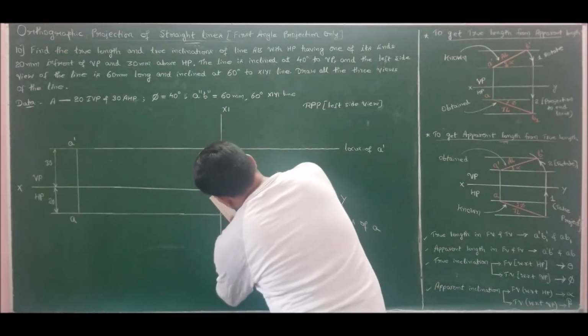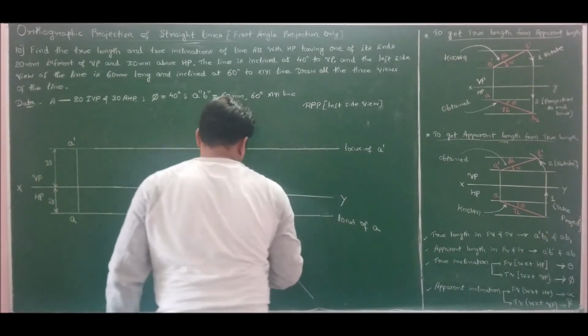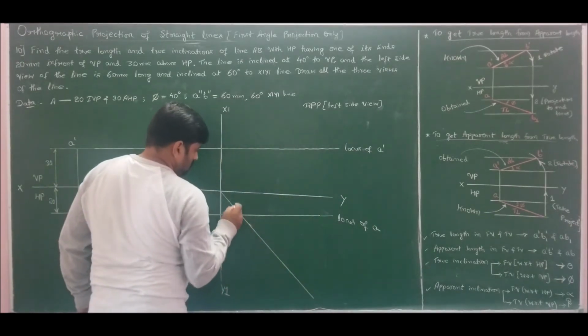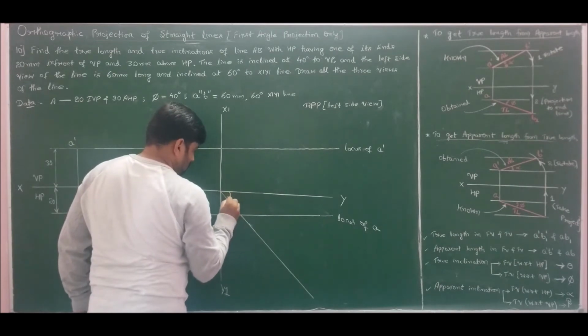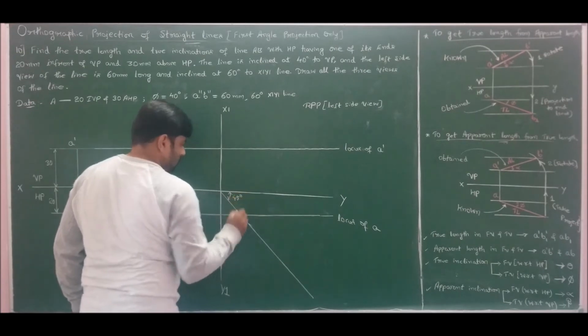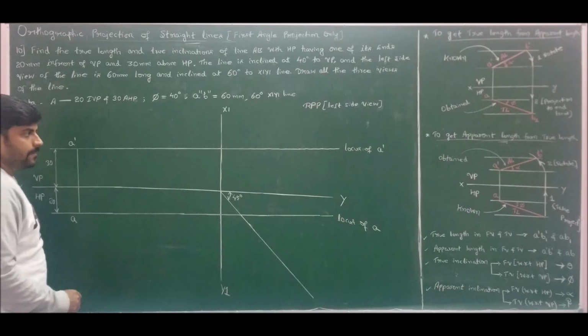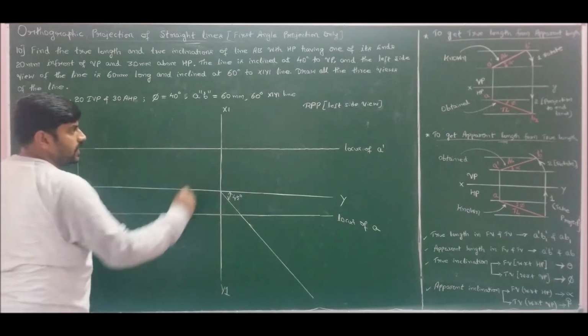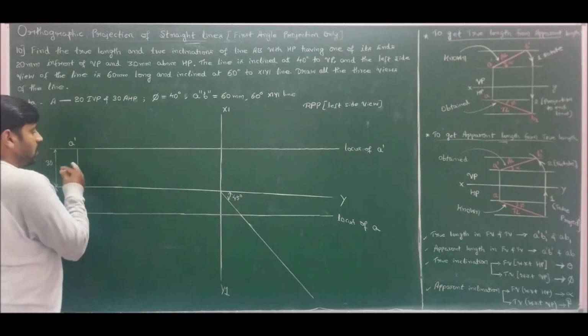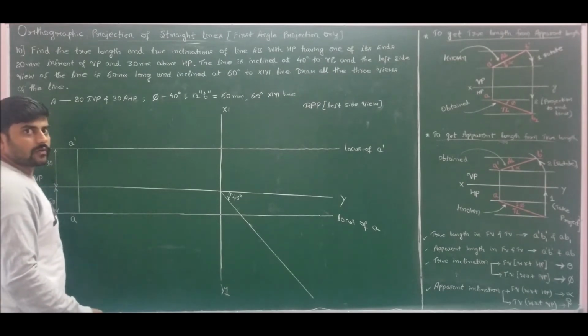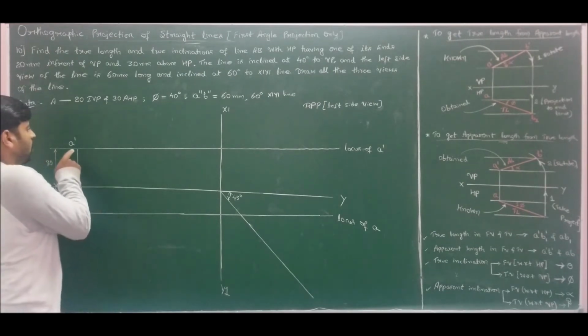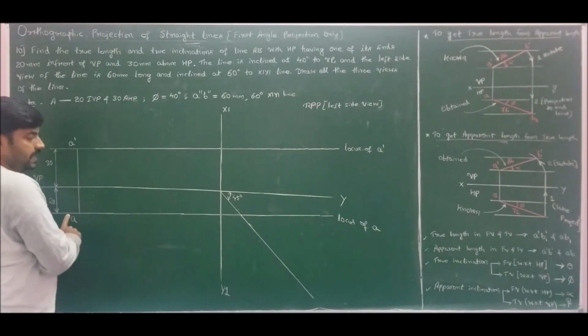So I have drawn a line at 45 degrees. Since this is the locus of A dash and this is the locus of A, the problem now looks somewhat like an orthographic projection of points. I have point A dash here, I have point A here. Now I can extract point A double dash.